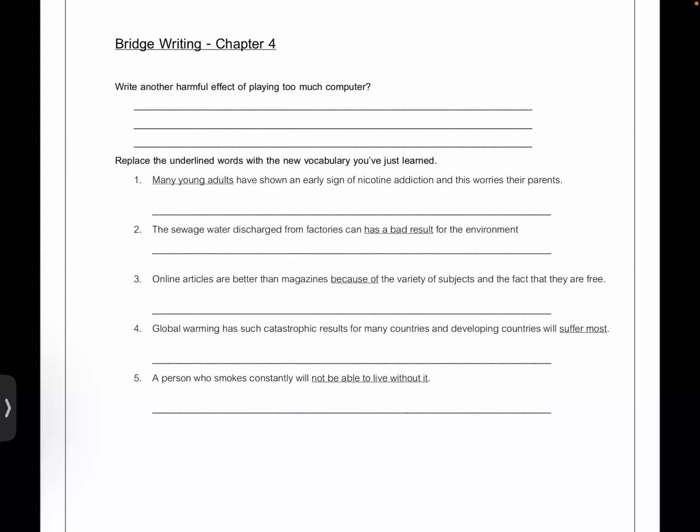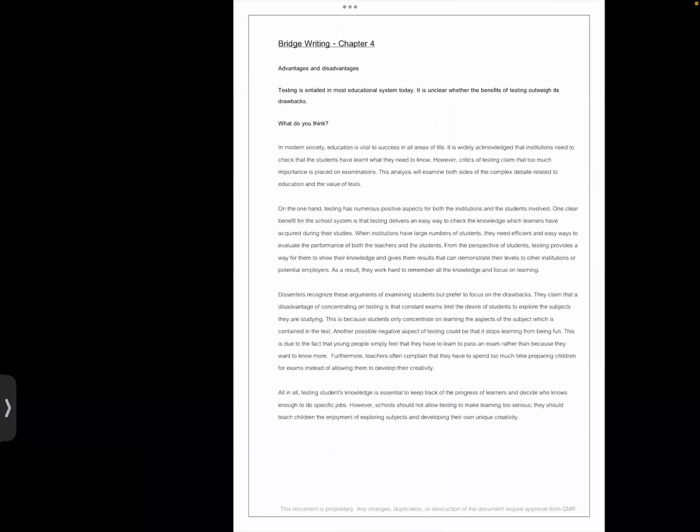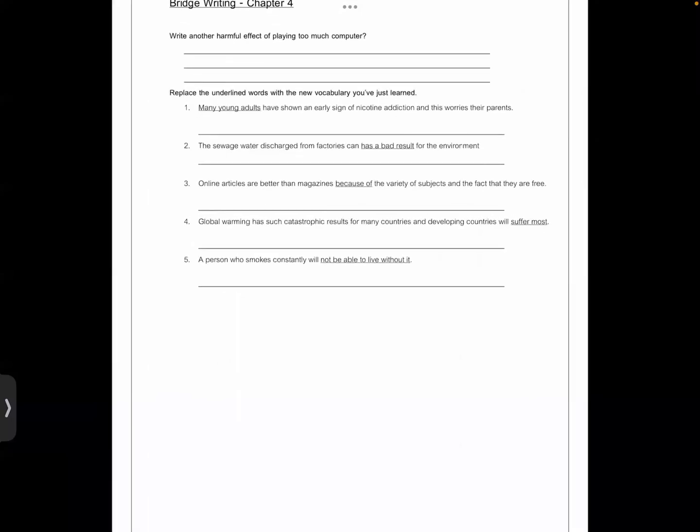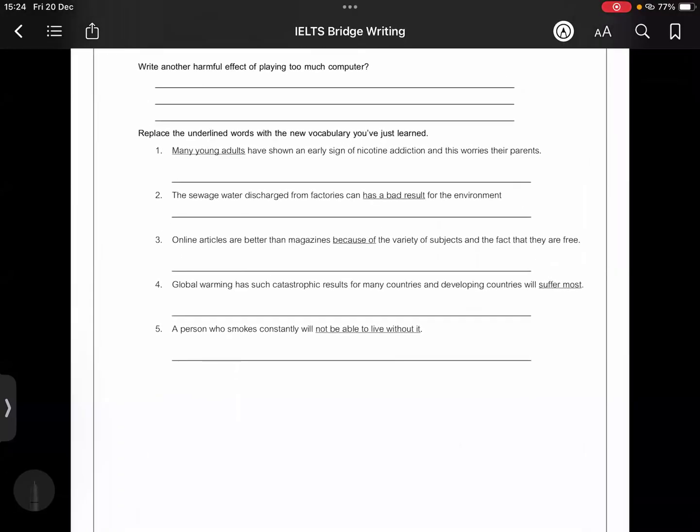How about increased risk of obesity? I think this is another harmful effect. But that is more health related, right?